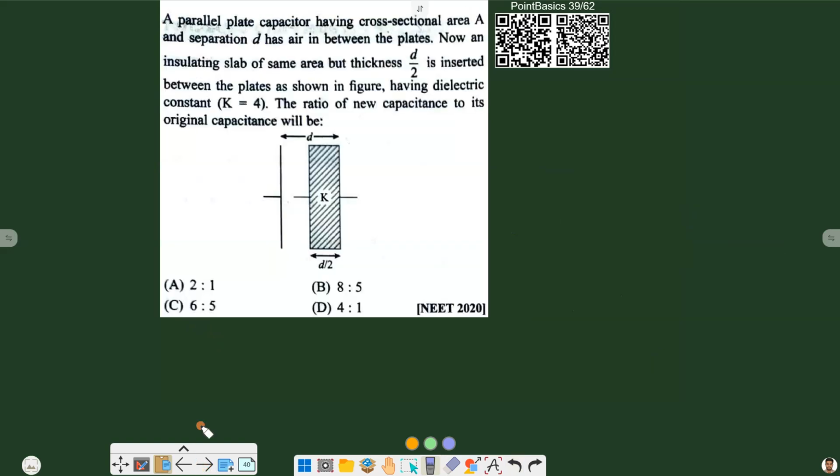Next question. A parallel plate capacitor having cross sectional area A and separation D has air between the plates. Now an insulating slab of same area but thickness D by 2 is inserted between the plates as shown in the figure, having dielectric constant 4. Find the ratio of new capacitance to its original capacitance.